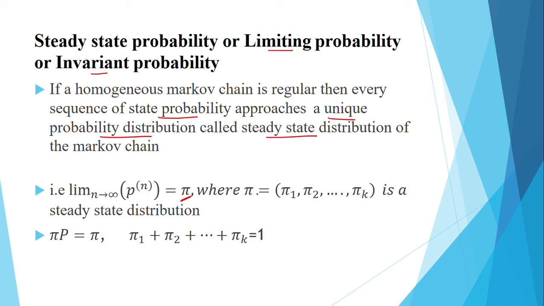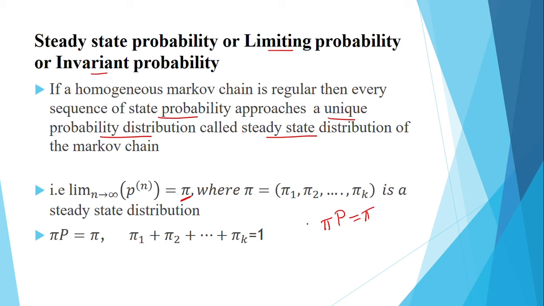where, suppose the process has some k states, then pi is a row vector with k entries, pi 1, pi 2, etc. pi k. Equivalently, here we have a condition pi P equal to pi. That is, if pi is a unique steady state probability distribution, then multiplying pi with the transition probability matrix capital P, it approaches the unique value pi.